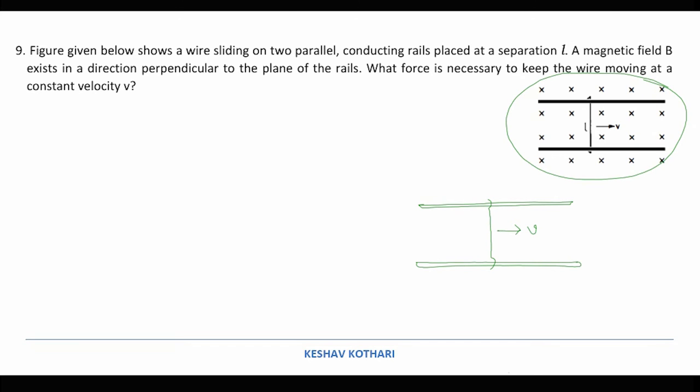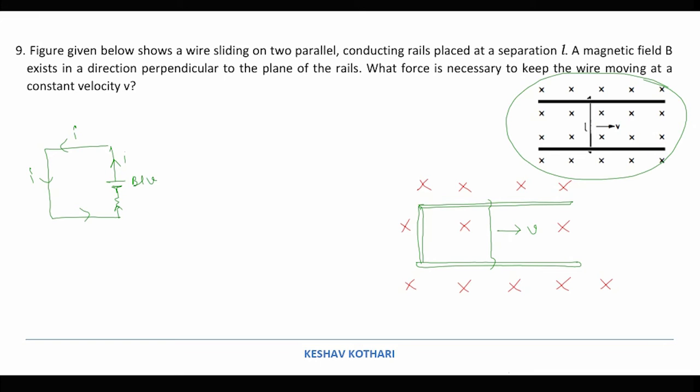If we joined one end of the conducting rods together to form a complete loop, this frame would offer an EMF equivalent to BLV, due to which a current can be calculated in the conducting rod.